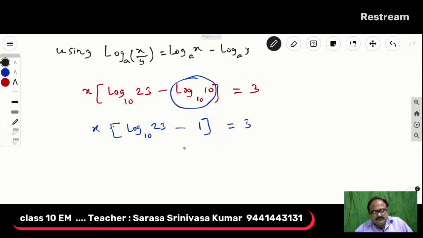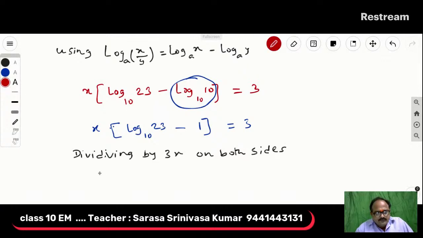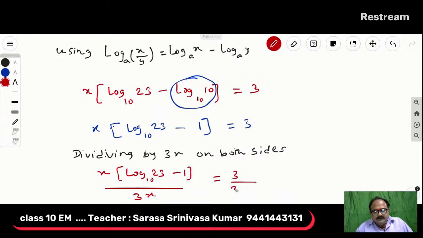Now we divide by 3x on both sides. We get x multiplied by log 23 minus 1, this is base 10, by 3x equal to 3 by 3x.